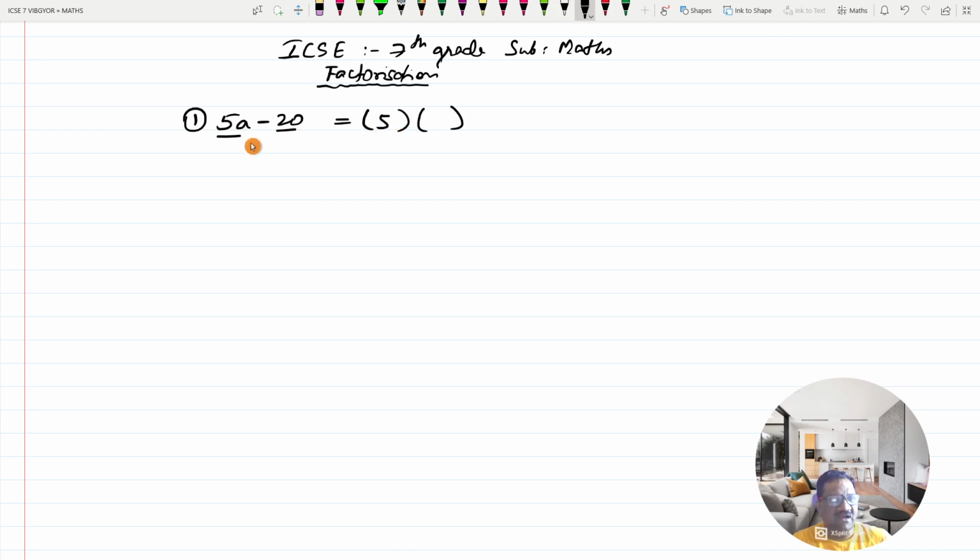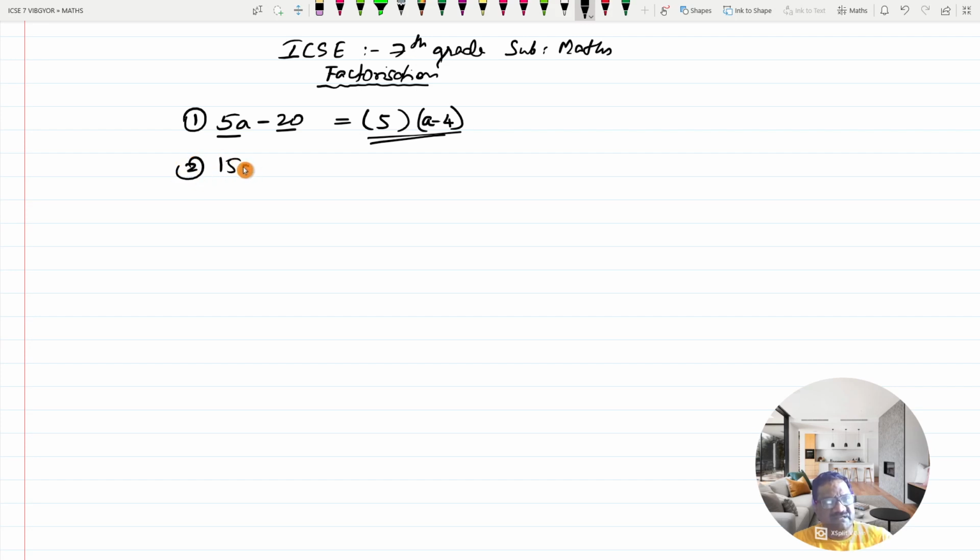Now once I take that out, from the first term, if 5 is out, I'll be left with a, and then there's a minus sign. From the second term, if 5 is gone, 5 into how much is 20? 5 into 4 is 20. So 4 I will write over here. So the two factors are 5 into a minus 4. This is the factorization of 5a minus 20. So the answer has to be 5 into a minus 4.